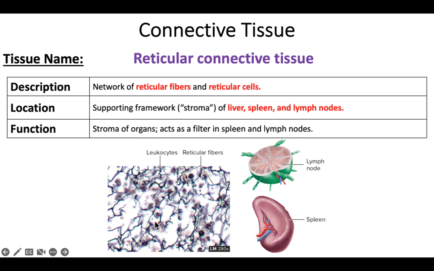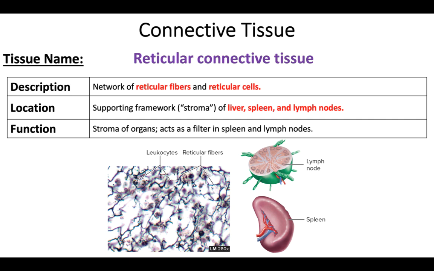The microbes will actually kind of get trapped by these reticular fibers, and then immune cells will kill the foreign microbes. So supporting framework, that's often called a stroma. A stroma is kind of like, I've heard it referenced as a soft skeleton of an organ. So it gives it that structural support.